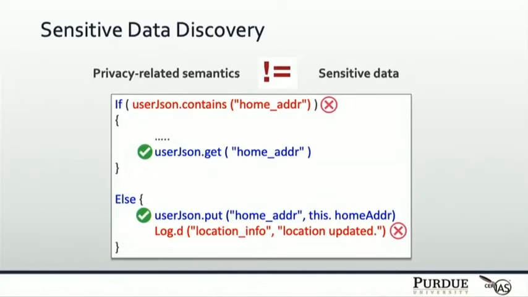For example, the first statement in red only returns a Boolean value indicating the existence of a specific key, and the last statement here only reports a message indicating the location information has been updated. On the contrary, both the second and the third statements indicate the existence of sensitive data because of their return value and their parameter values, respectively.